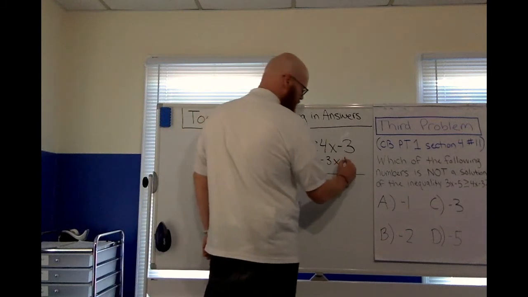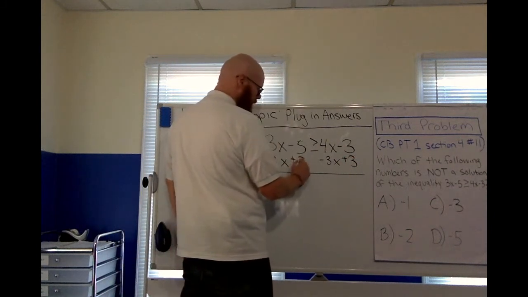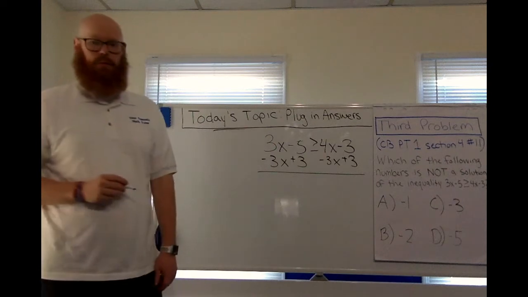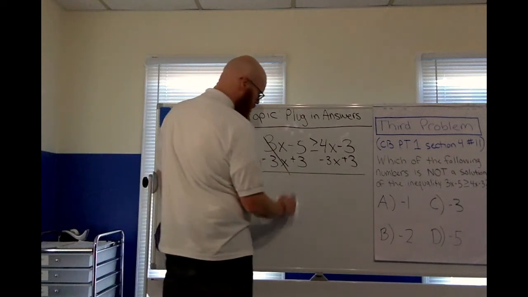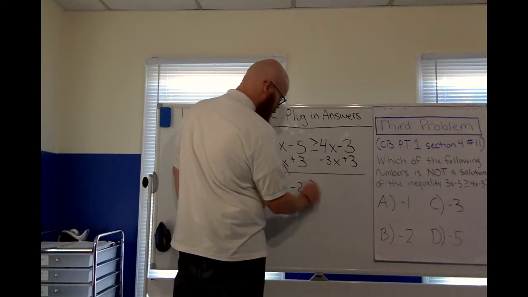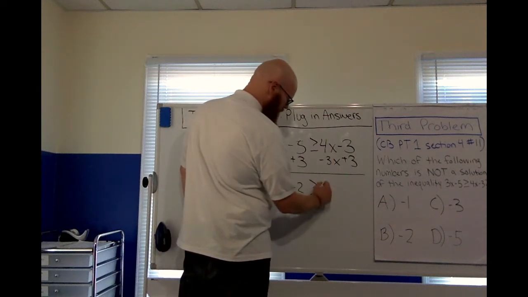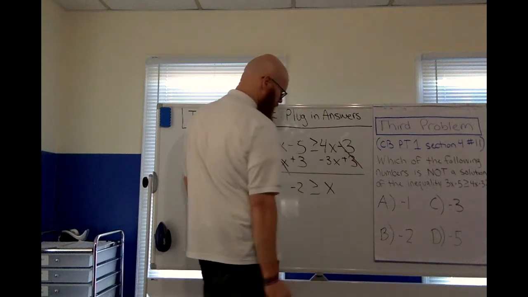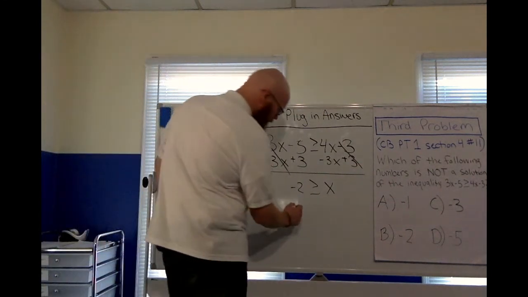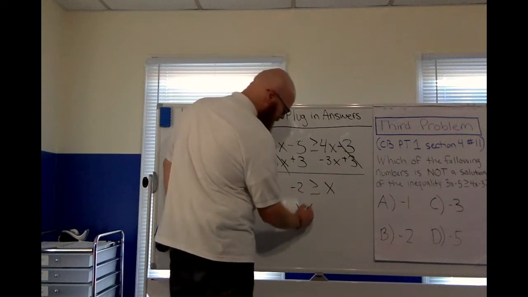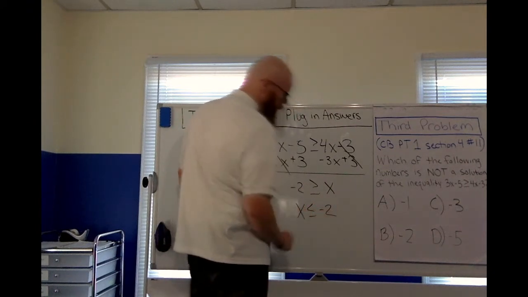There's really no way to avoid the negatives in this problem, but I can add 3 to both sides. So I end up with 3x, negative 3x goes away. I get negative 2 is greater than or equal to x, and these 3's go away. This is kind of out of order, so I would switch it: x is less than or equal to negative 2.